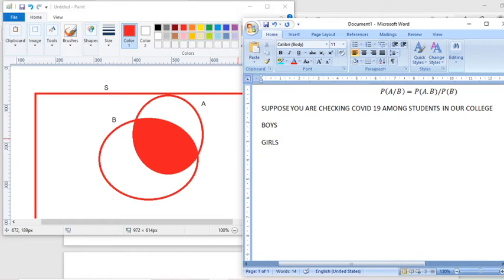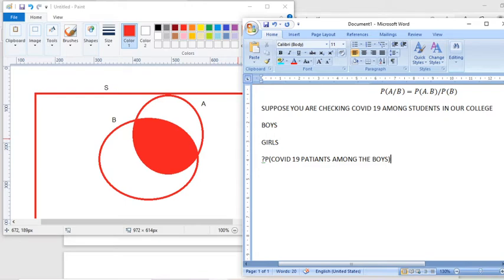The question may be, what is the probability of COVID-19 patients among the boys? What is the probability that a COVID-19 patient is among the boys?